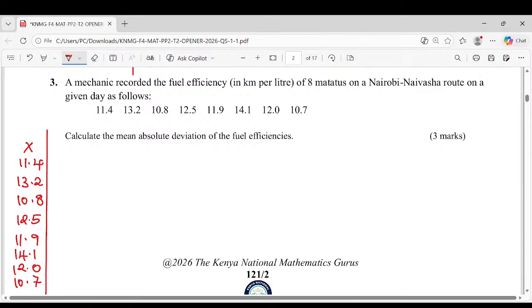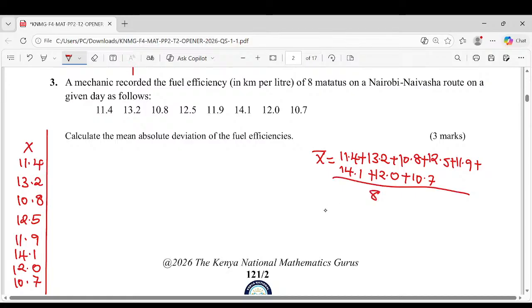To get our mean, which is our x bar, it will be given by 11.4 plus 13.2 plus 10.8 plus 12.5 plus 11.9 plus 14.1 plus 12.0 plus 10.7, all of this being divided by 8. Let us get our x bar.